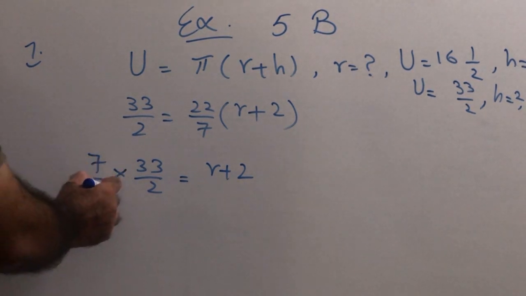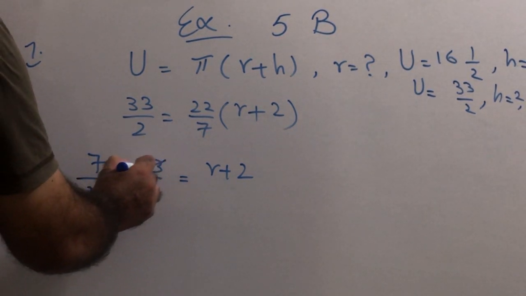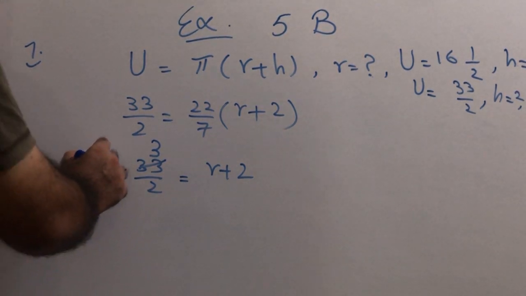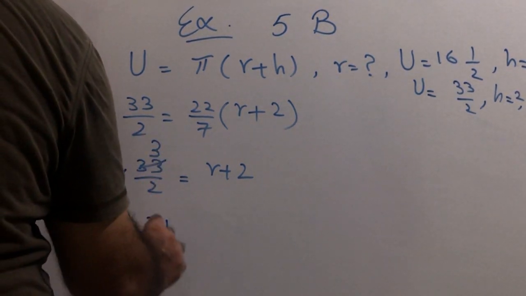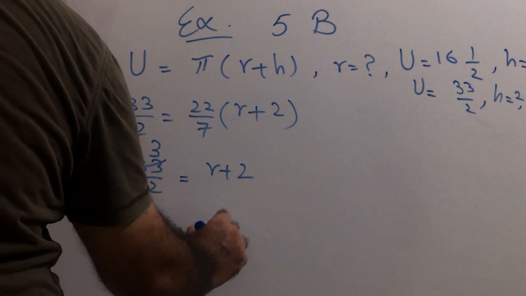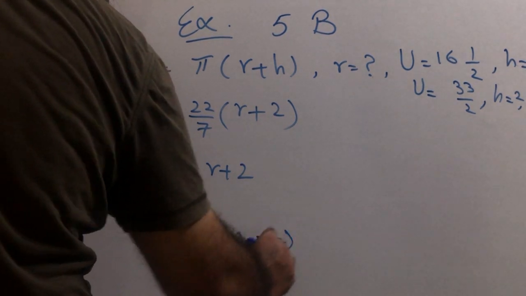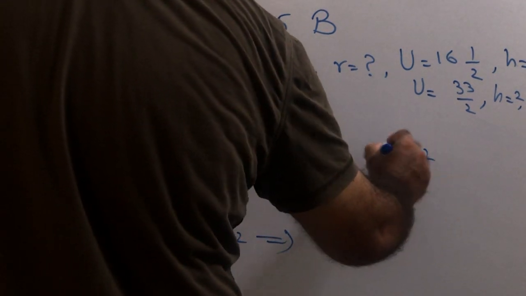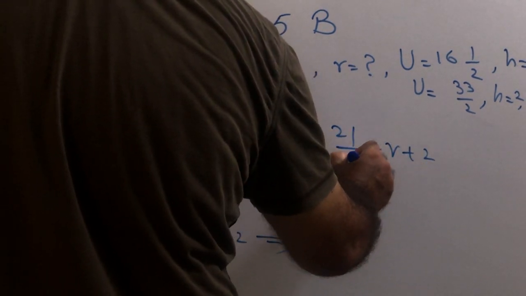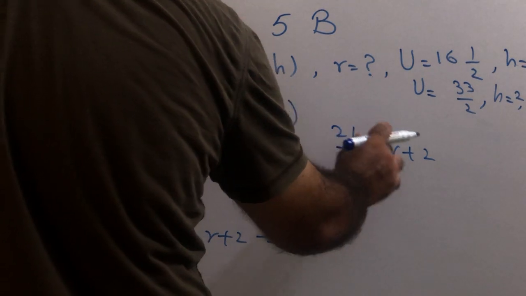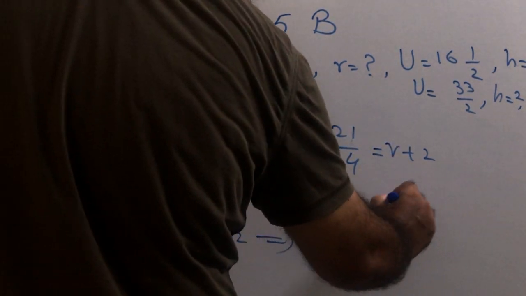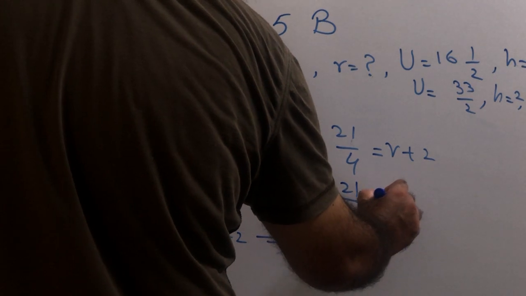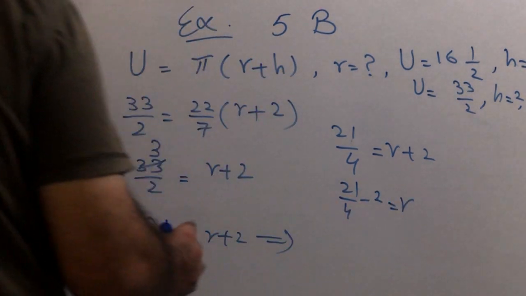Now we can simplify here. 11 2s are 22, 11 3s are 33. Okay, it becomes 7 3s are 21 over 2 into 2, 4, is equal to r plus 2. Then we have r plus 2 is equal to 21 over 4. We need to find r. So when this 2 goes to this side, it will be negative.